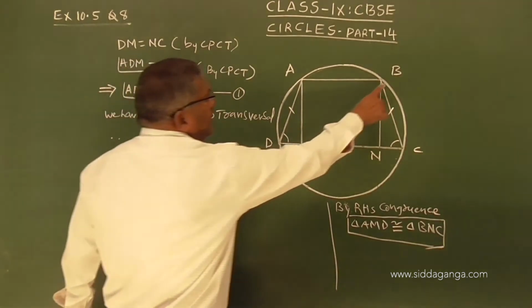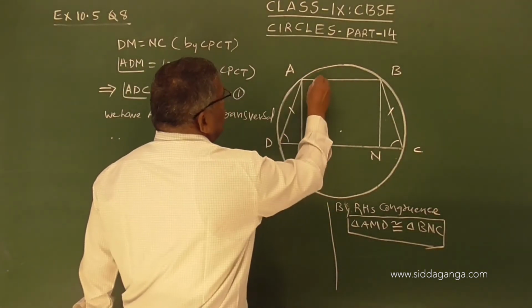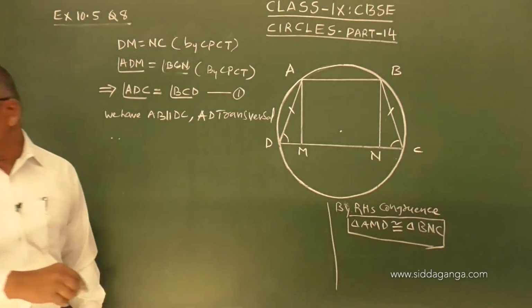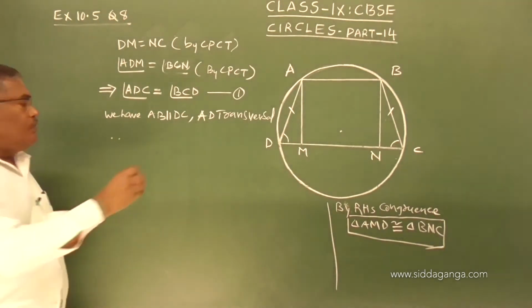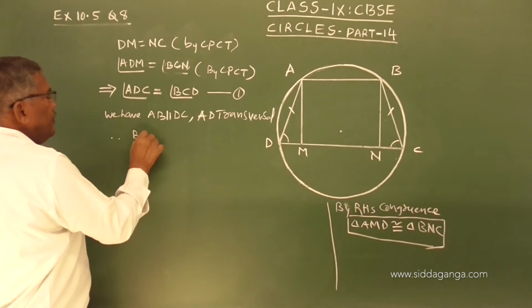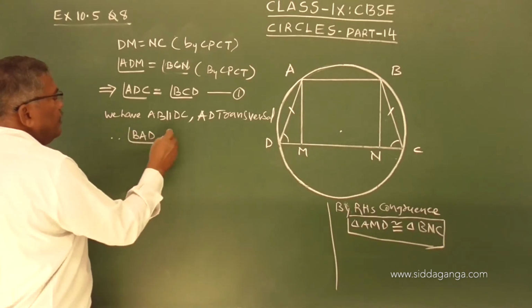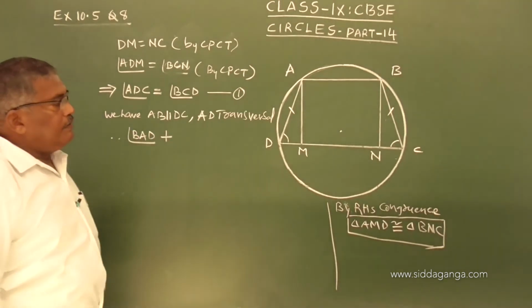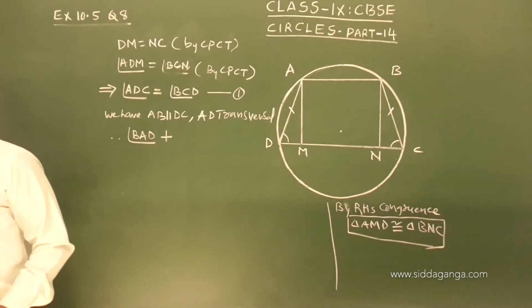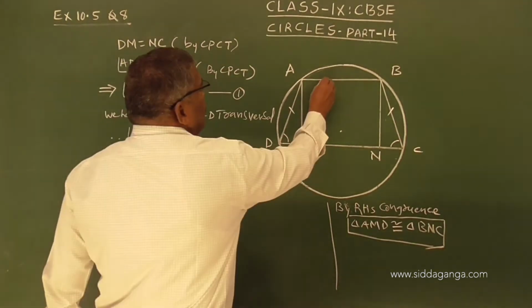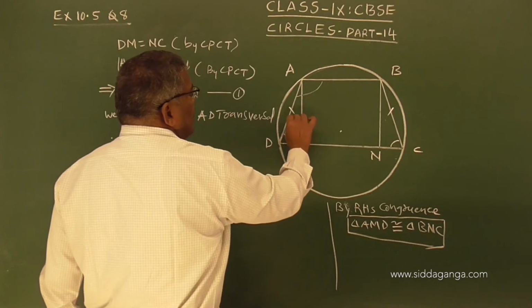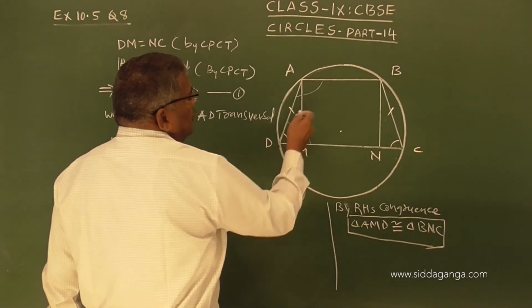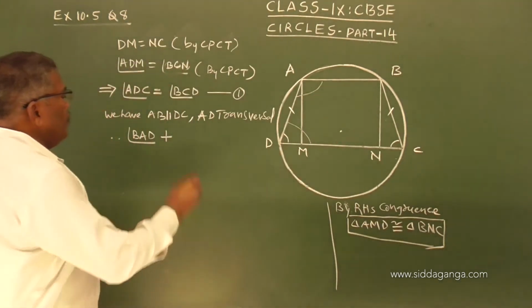See, the angle BAD, this total angle BAD. So therefore BAD angle plus ADC angle. So this angle and this angle, they become interior consecutive.